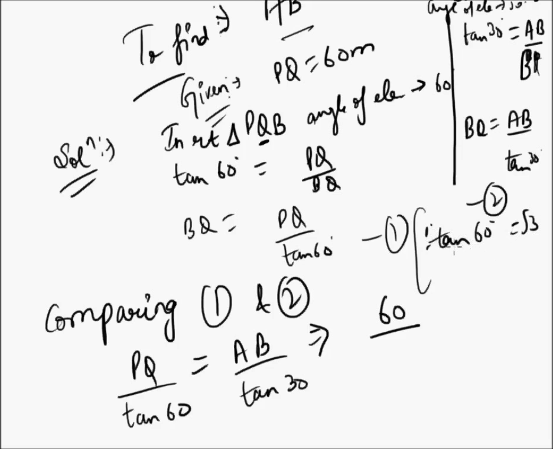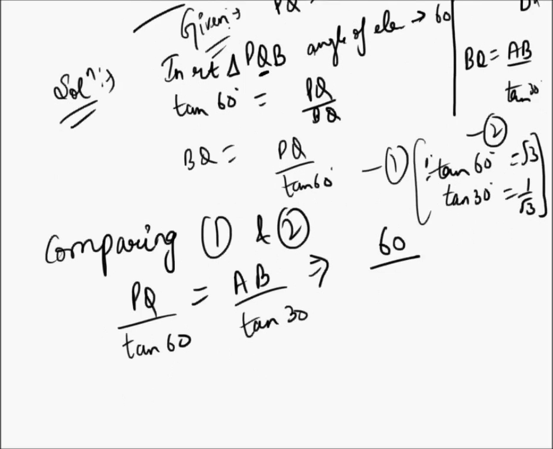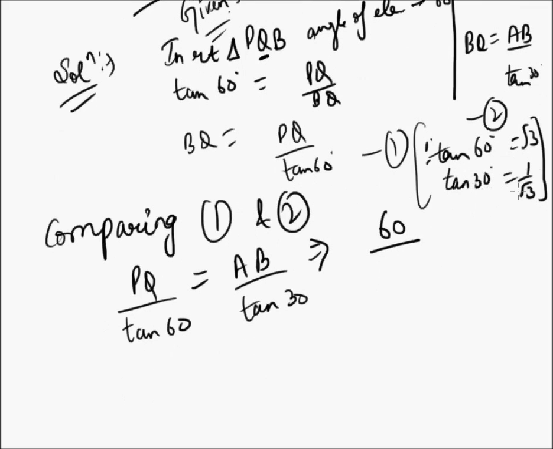Moreover, these trigonometric ratios are very easy to remember, and with practice, I assure you that you will never forget these ratios. So tangent 30 degree is 1 by root 3. We have AB over 1 by root 3. We have to find out AB, so we'll be isolating AB, that is 60 over under root 3.